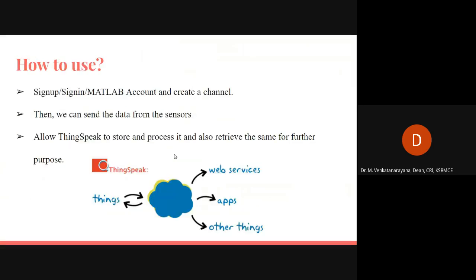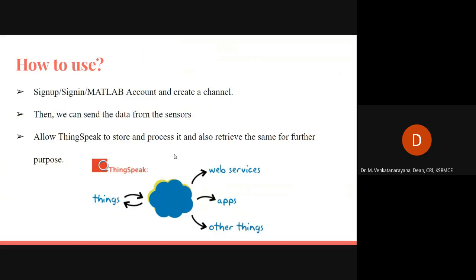So how to use ThingSpeak? On the ThingSpeak.com website, first we need to sign up or sign in with our MATLAB account. If you have a MATLAB account, you can directly log in and create a channel. Creating a channel is the core job of ThingSpeak.